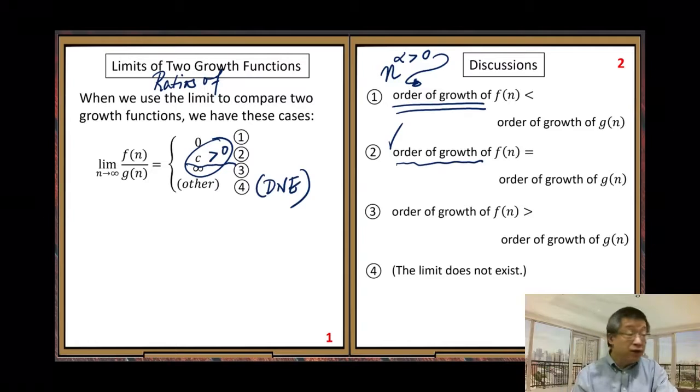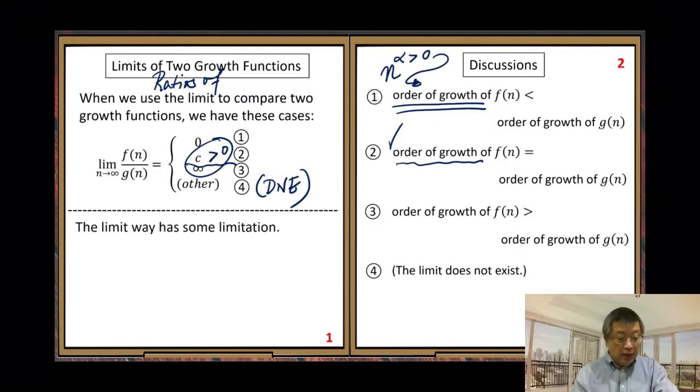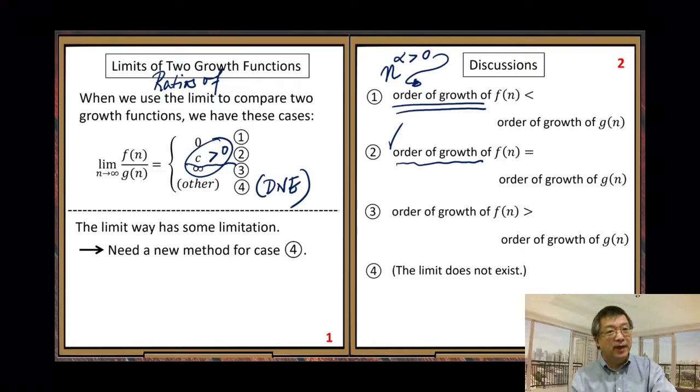So we need to find a different method, and we will see that method. The limit way has limitation. So we need a new method for case number 4.